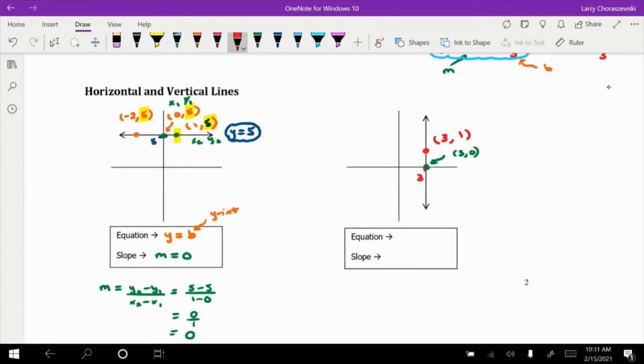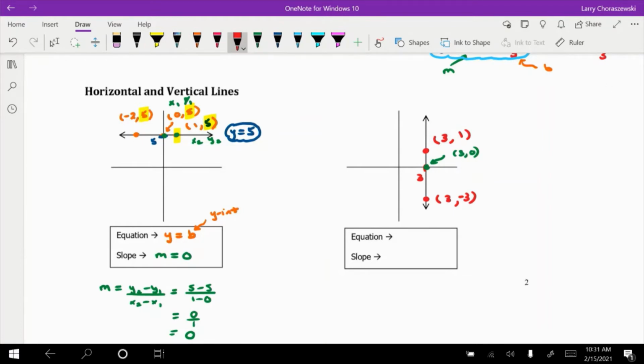If I had a point maybe in quadrant 4, and I'm just going to throw a random y-coordinate on there. Let's say that the y-coordinate is -3. Can anybody tell me what the x-coordinate is? 3 as well. Yep.